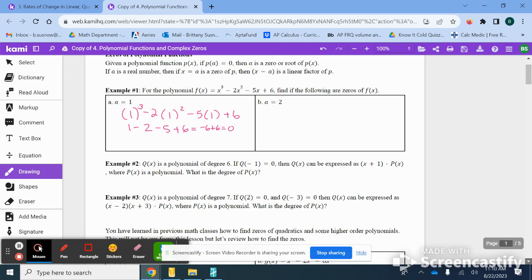So what that means is 1 is a 0, meaning an x-intercept. So you would have a graph of this, you would see an x-intercept at 1. That's all that means, because we got the answer of 0.